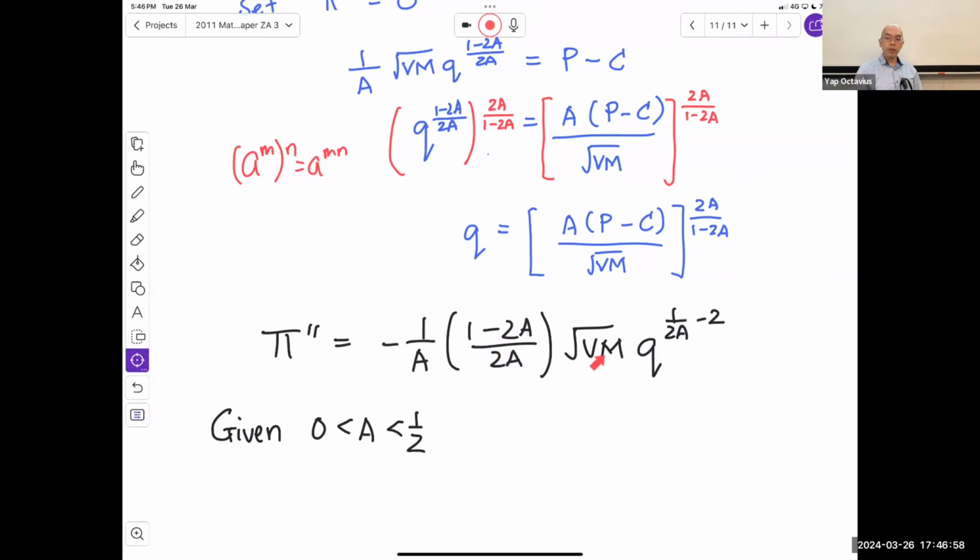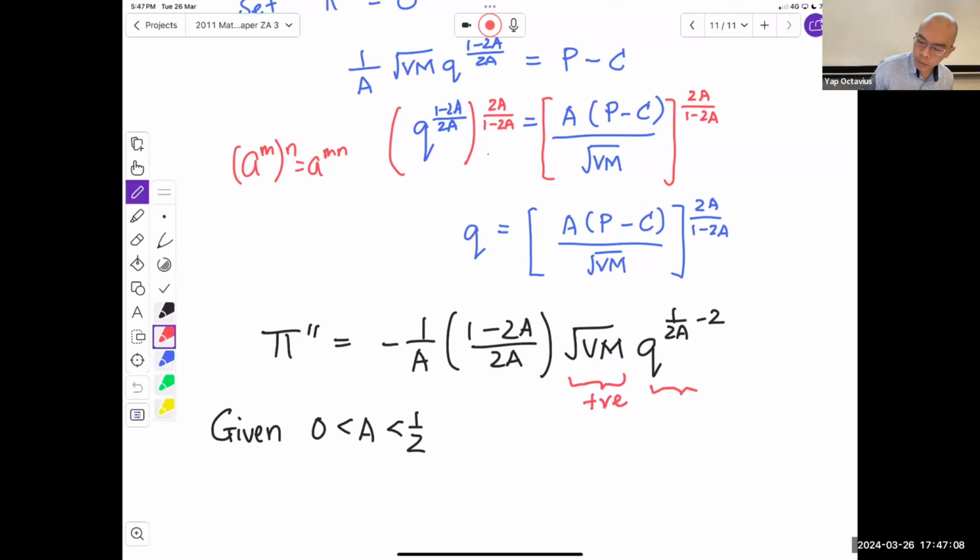These two terms, sure positive, because your V is positive. This is positive. The exponential term, sure positive. So then the problem now is to argue this term.